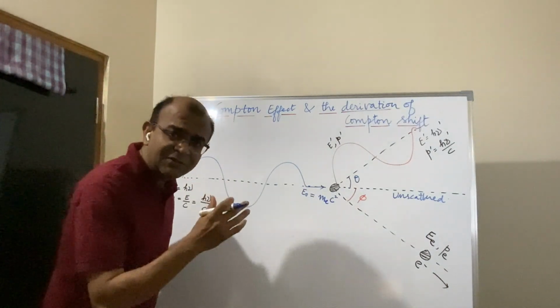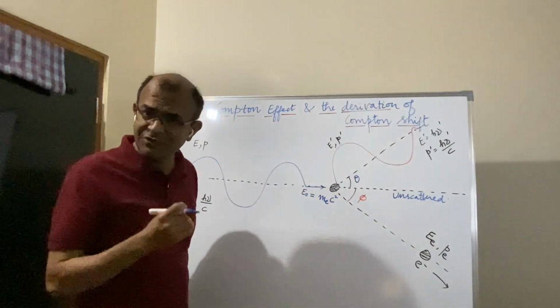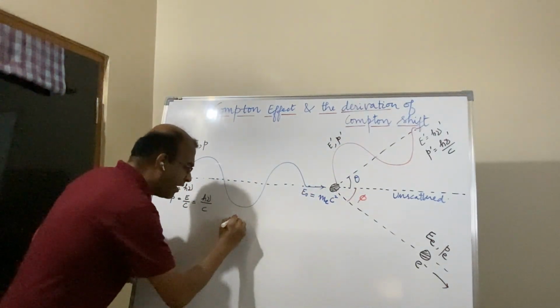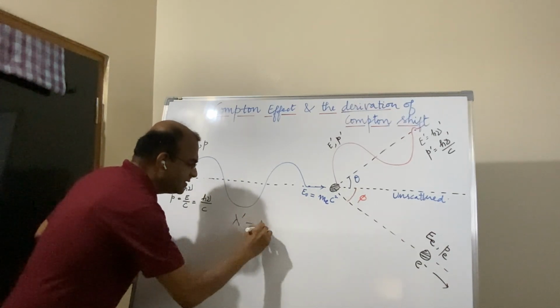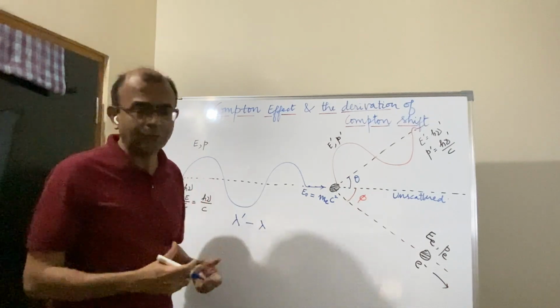So the final expression of the shift in the wavelength, which goes by the name Compton shift, is what we are going to derive. Let me just write out that expression so that we know where we are heading to.